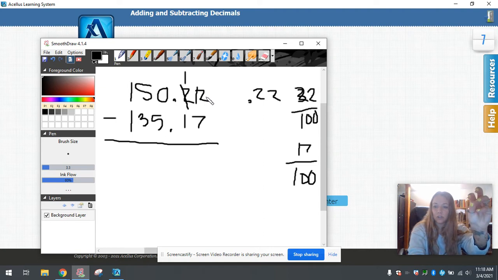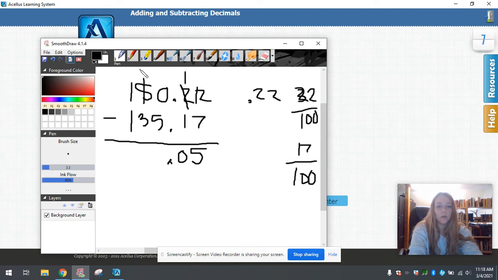Now I have a larger number minus a smaller number. I can do that. 12 minus 7 is 5. 1 minus 1 is 0. Bring down my decimal. 0 minus 5. Oh, I can't do that. I have to borrow. Take 1 away from the 5, that gives me 4, and then I give it to this.